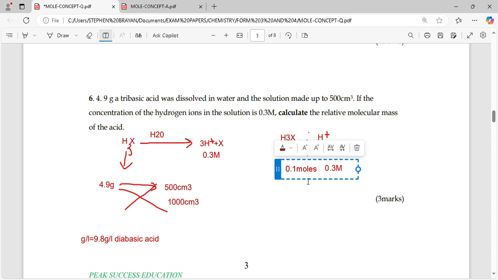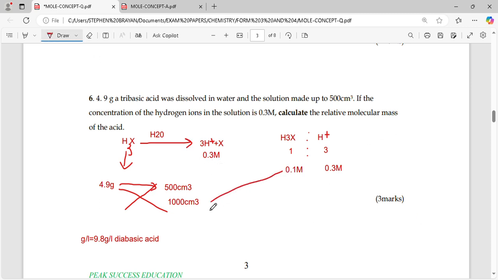Okay. Now, because we now have the concentration of the dibasic acid and the grams per liter of the dibasic acid, remember this is concentration, so this has to be molar, it means we can get the RFM, or the relative molecular mass of the dibasic acid. We simply relate these two, and we are going to apply that formula that I told you.